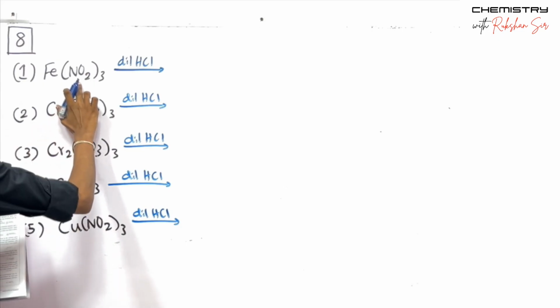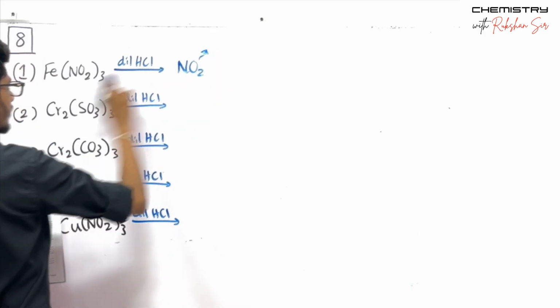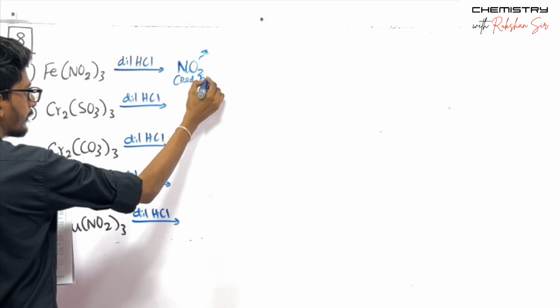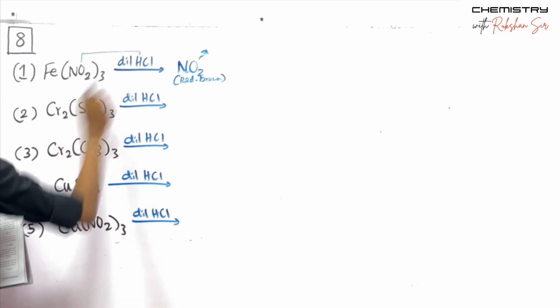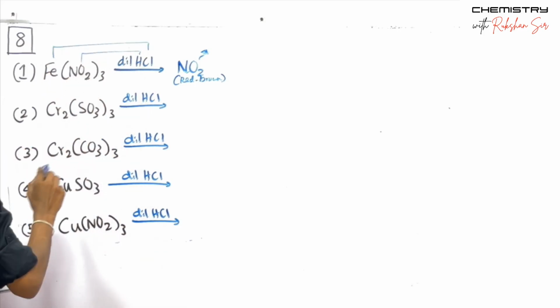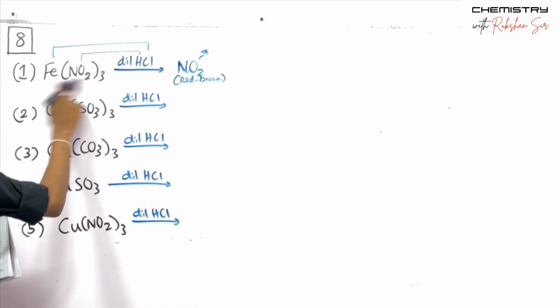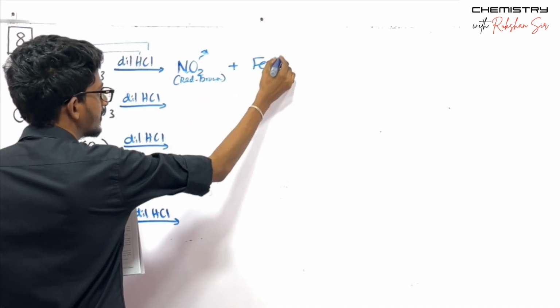With dil HCl, NO2 minus ions will release the NO2 gas, which is red brown. These two connect to give you the gas, and these two connect to give you the solution. Fe3 plus connects to the Cl minus, giving FeCl3.